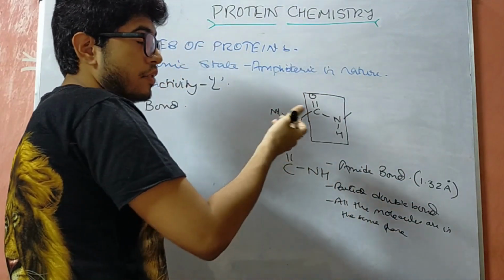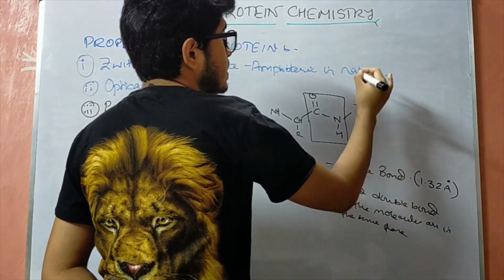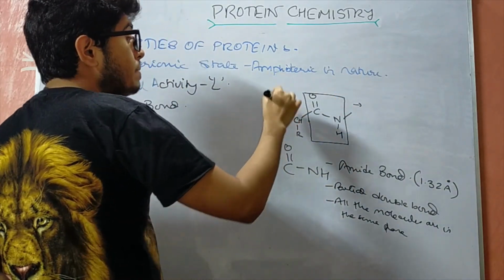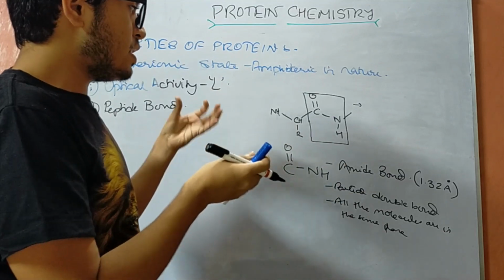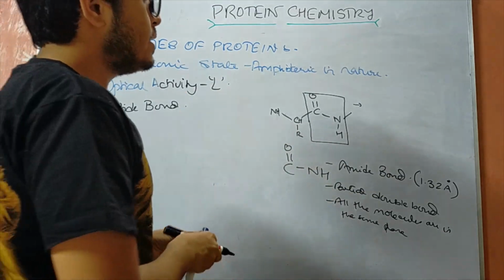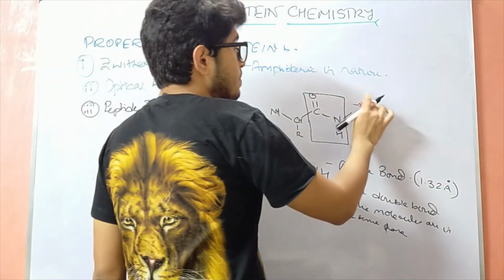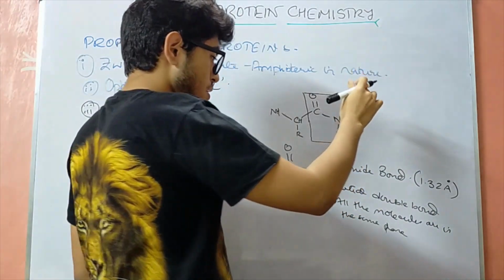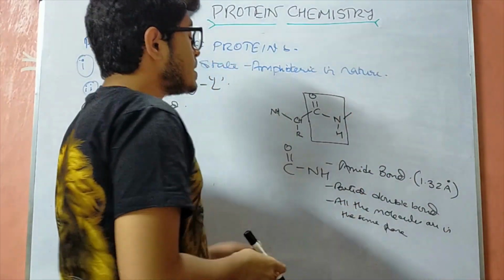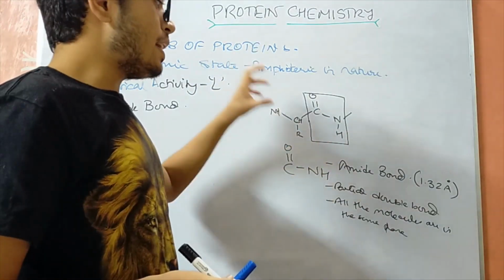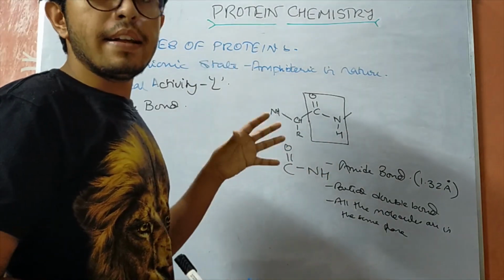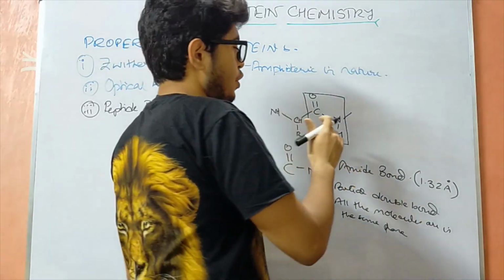We have already discussed how it is formed. Secondly, this peptide bond is a very important structure which actually gets broken in the case of denaturation of protein.